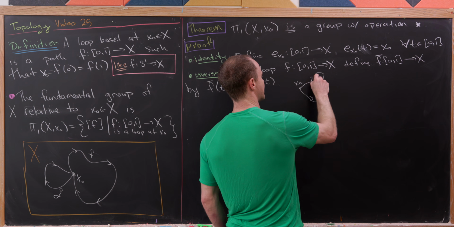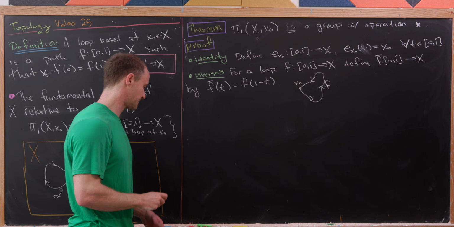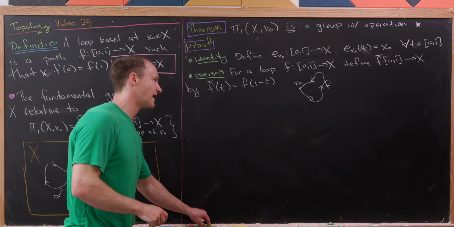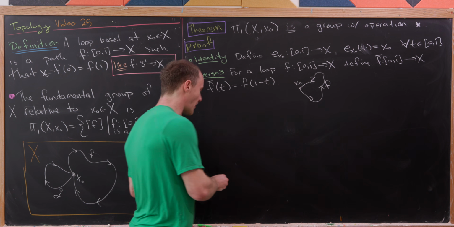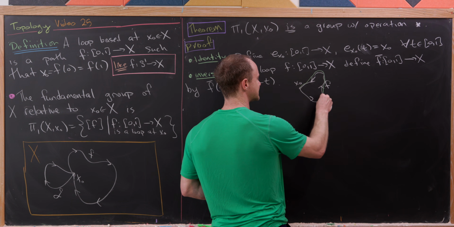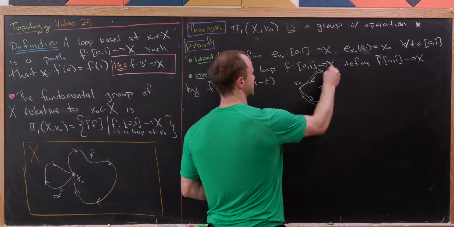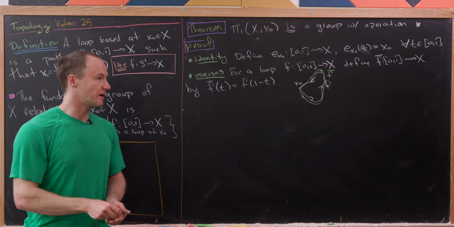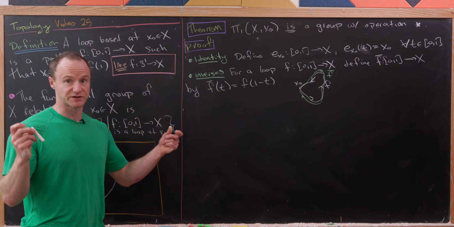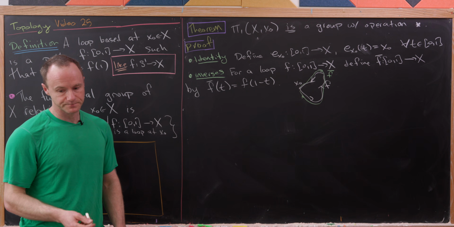So let's see, f is going in some sort of counterclockwise rotation. But then what will f bar be? Well, f bar will be the same path, but it's that same path in the clockwise rotation. So it's just going one direction around a circle, if you will, or another direction around a circle.